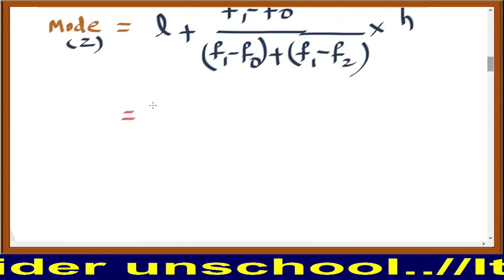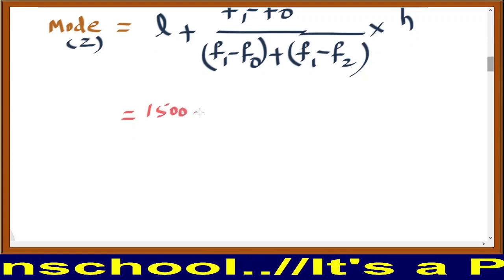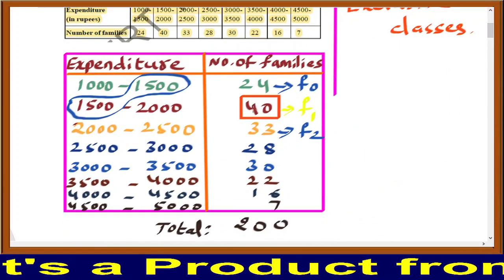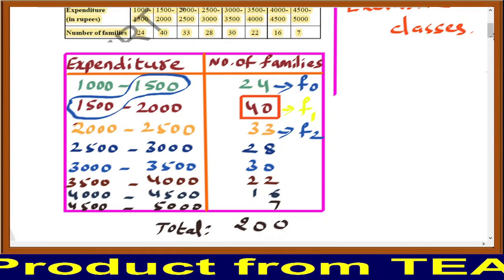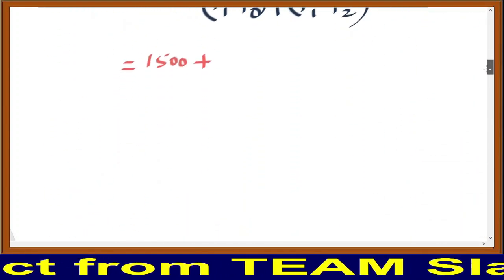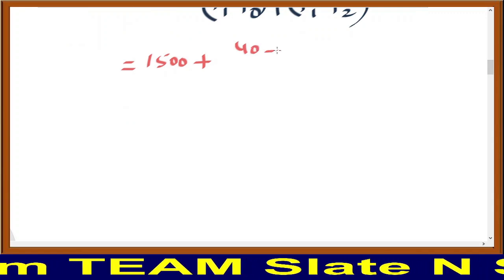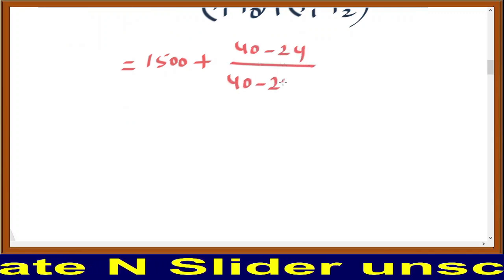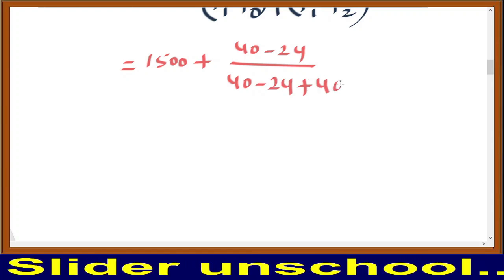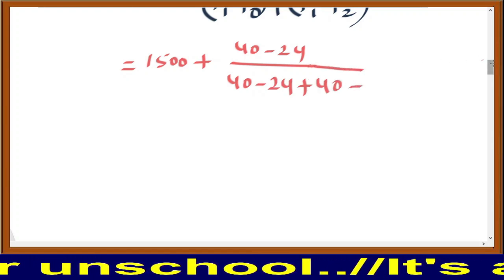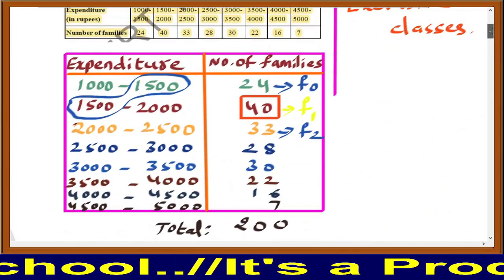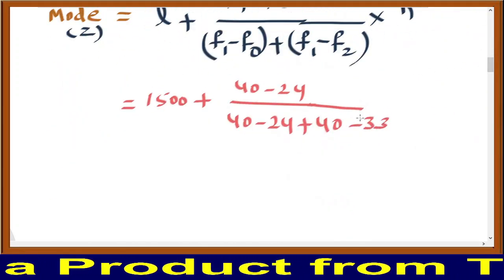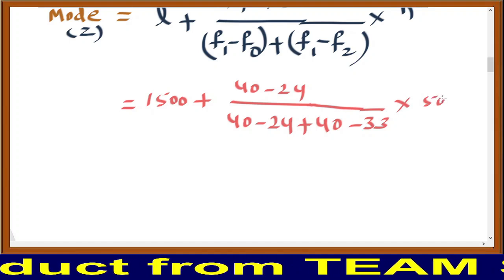So substitute L, 1500, plus F1 minus F0. F1 is 40, F0 is 24. So write 40 minus 24 by again 40 minus 24, because it is F1 minus F0 plus again F1 minus F2. F2 is 33, into H which is 500.